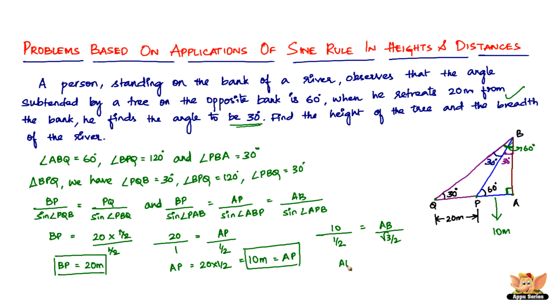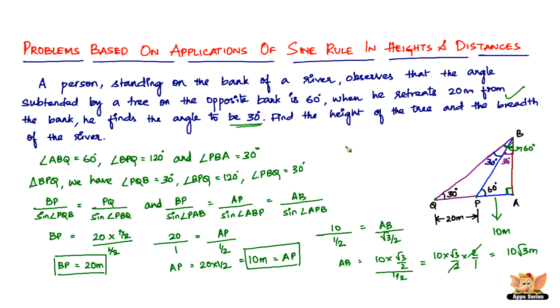So we have AB equal to 10 times root 3 by 2 divided by half, which is nothing but 10 times root 3 by 2 times 2 by 1. The reciprocal comes on the numerator. The 2 and 2 get cancelled, and we have 10 times root 3 meters as the value of AB.